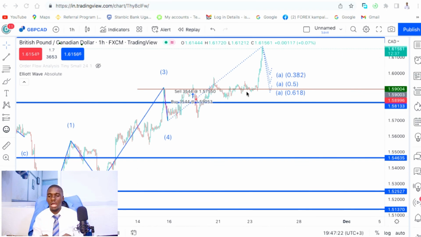Let's say we had the formation of wave 4, then we can also take advantage to make the next move of wave 5. So we not only look at the corrective part, but any part, provided you have wave 1, wave 2, wave 3. You can look forward to taking advantage of the formation of wave 4, wave 5, A, B, C, and that.